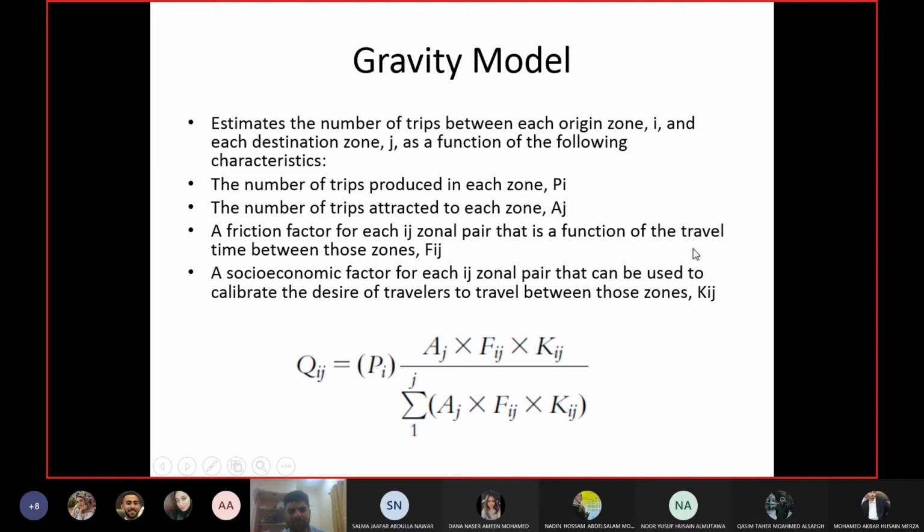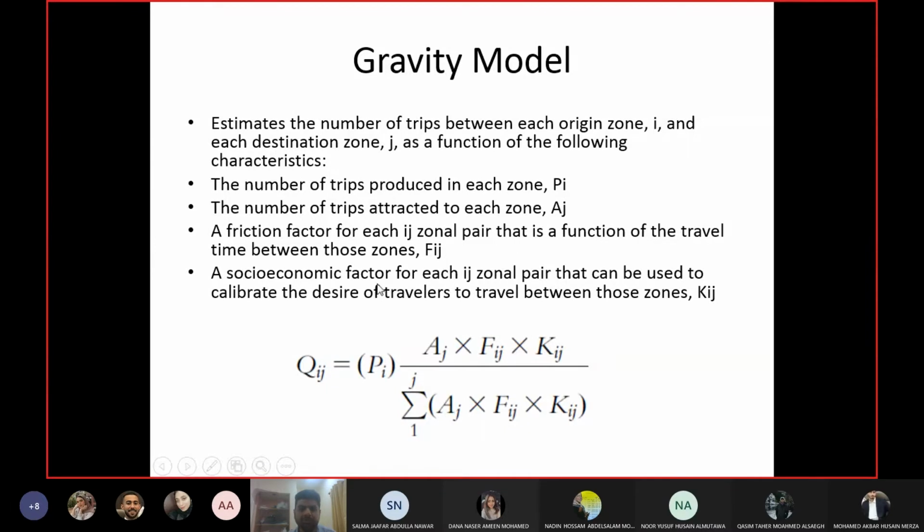If you increase the friction between the two zones, that will reduce the number of trips, basically the A between these two zones. We represent the frictional factor as Fij. Fij is calculated using travel time; basically it is taken as the inverse of travel time. So when you have higher travel time, you will have more friction.